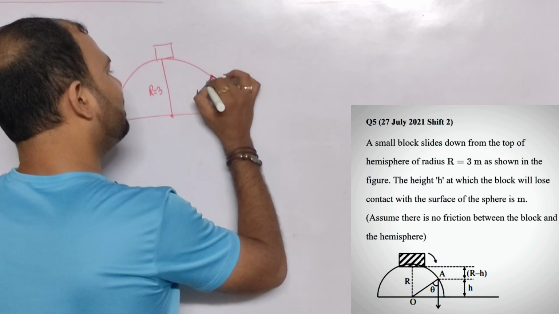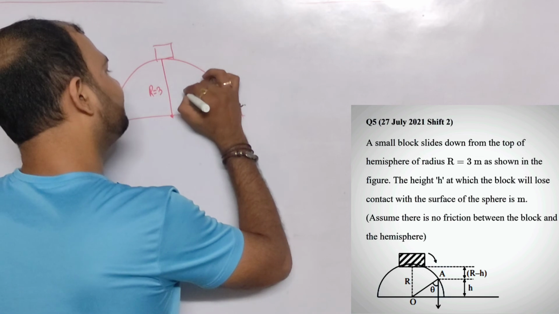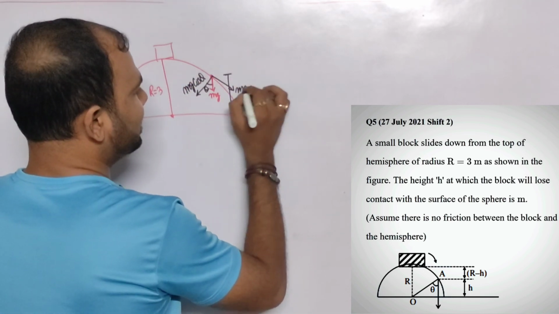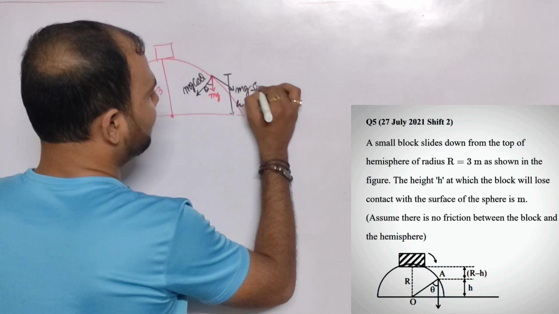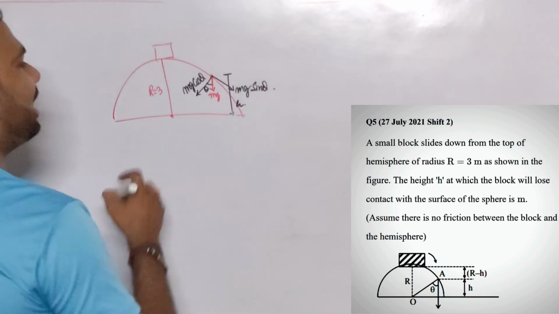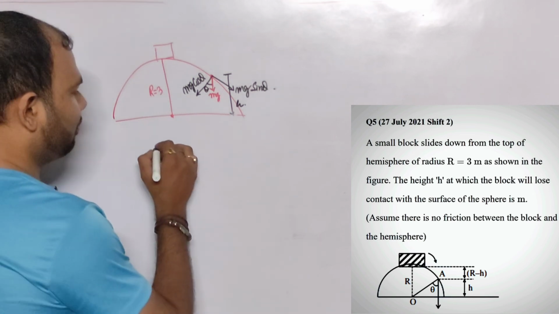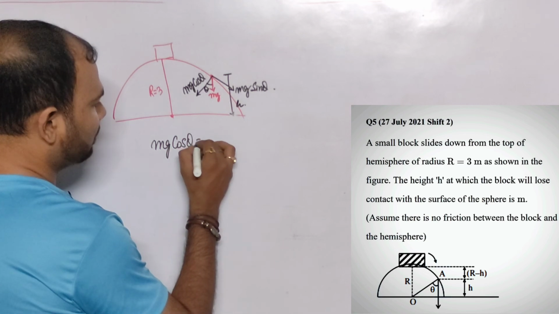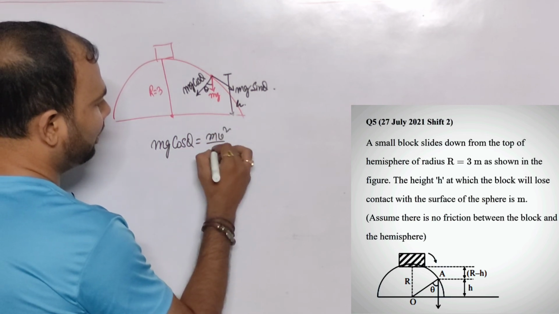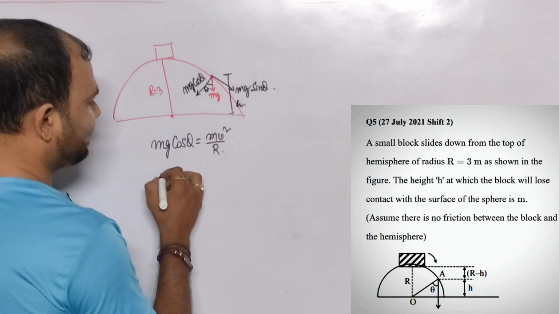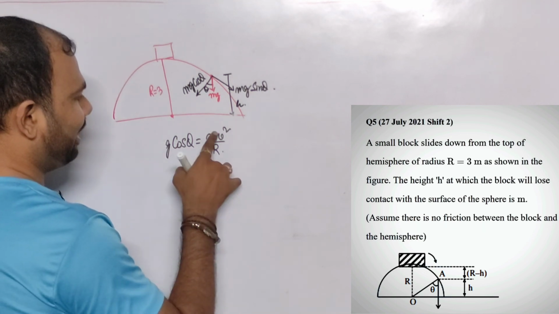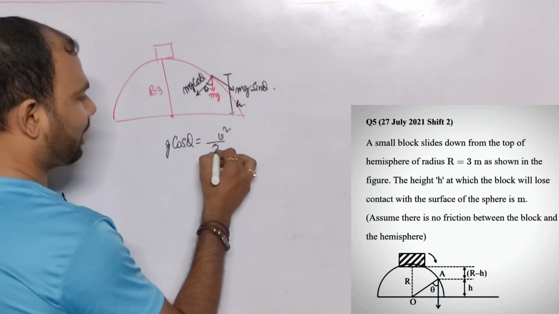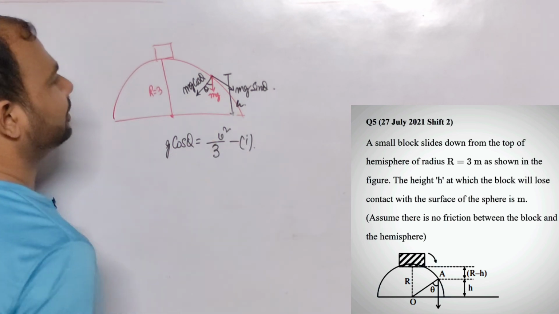The centripetal component is mg cos theta and the tangential component is mg sin theta. This mg cos theta will balance the centripetal force. mg cos theta equals mv square by r. m gets cancelled. r is equal to 3. This is our first equation.